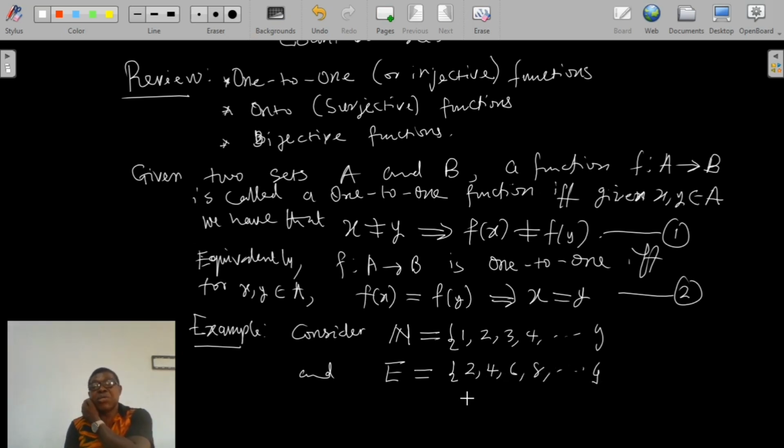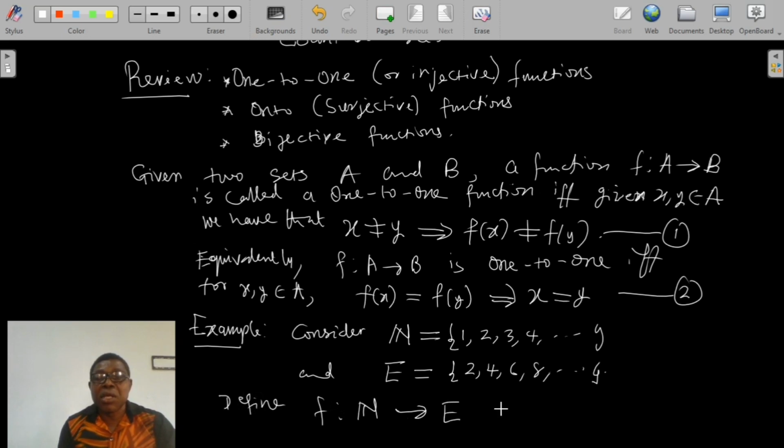If we consider these two sets and define f from N to E, for any n we pick in N, by f of n equals 2n.